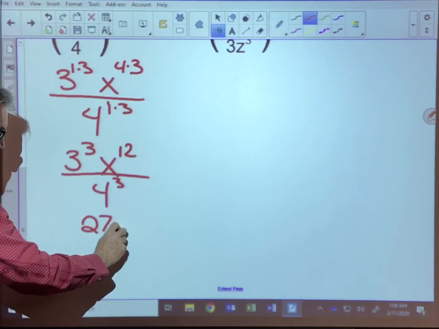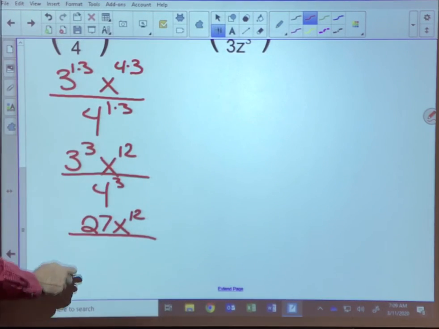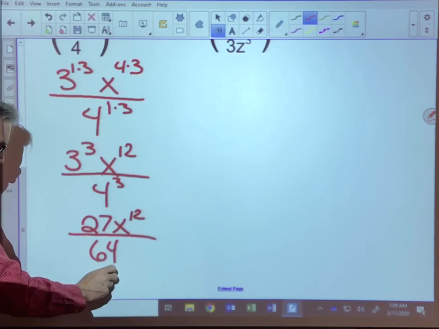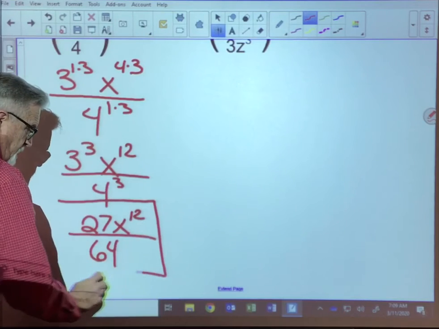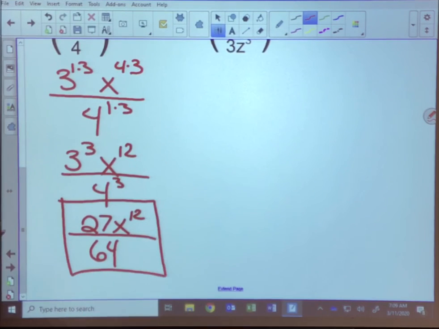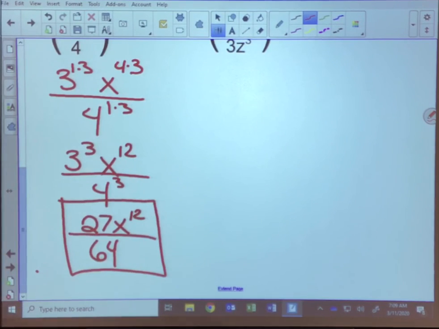So we have 27 x to the 12th, and 4 times 4 times 4 is 64. That's in simplest form. So if we simplify that all the way, we're down to 27 x to the 12th power over 64, or divided by 64.